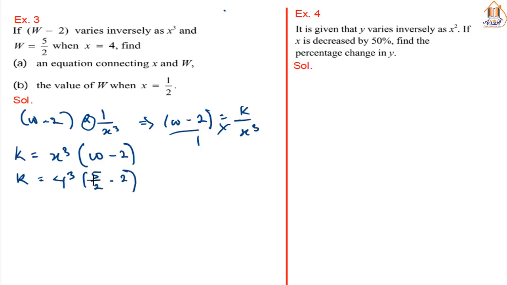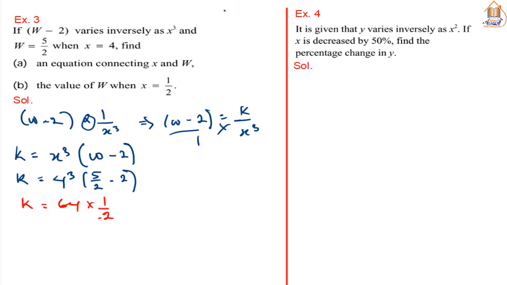What will 5 over 2 minus 2 give us? I believe by now you should be able to solve anything relating to a fraction. Therefore, 5 over 2 minus 2 is going to give us 1 over 2. And 4 cube is going to give us 64. Therefore, we have k to be 64 times 1 over 2.